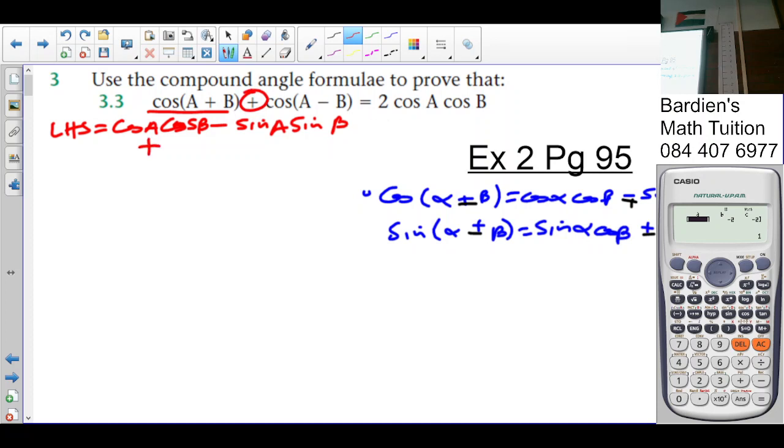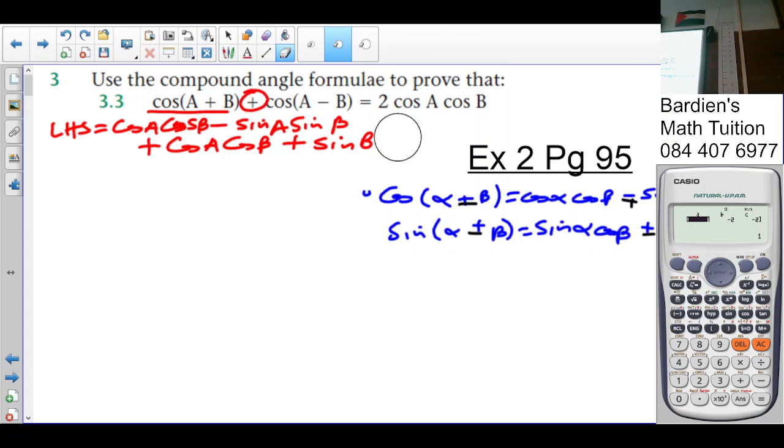Cos of alpha minus beta is going to be cos alpha cos beta, the opposite sign, which is plus, sine A sine B.